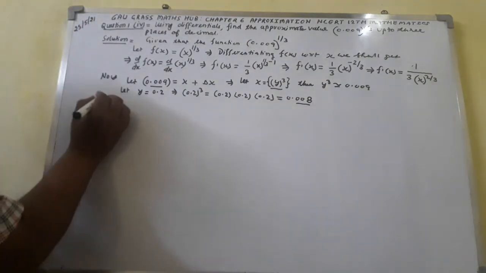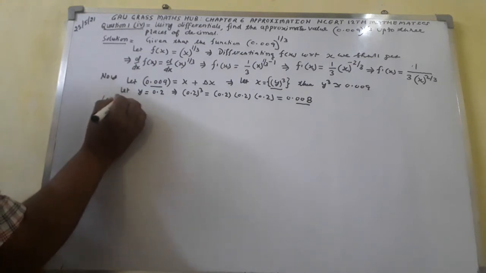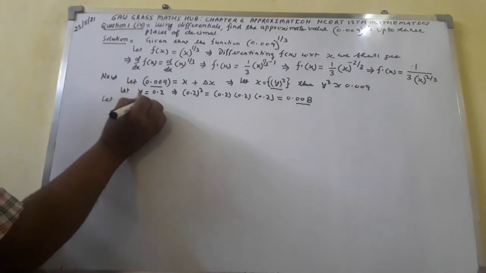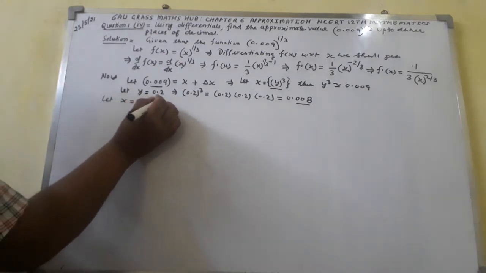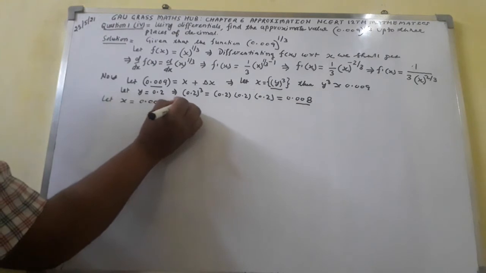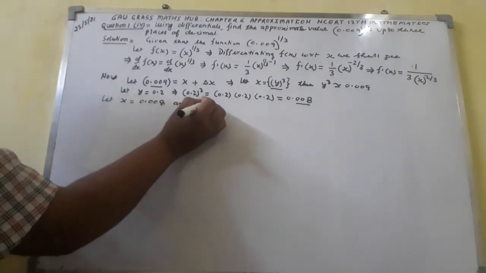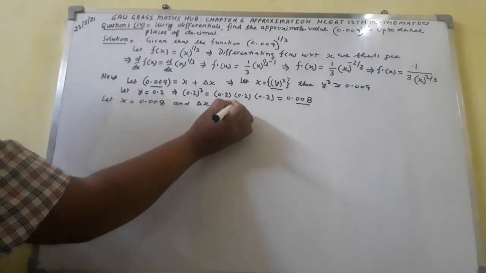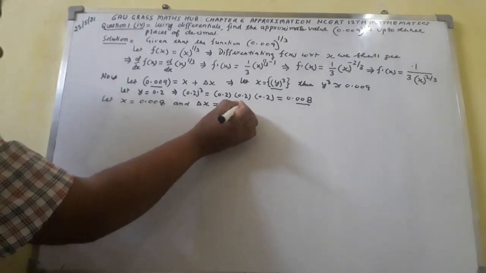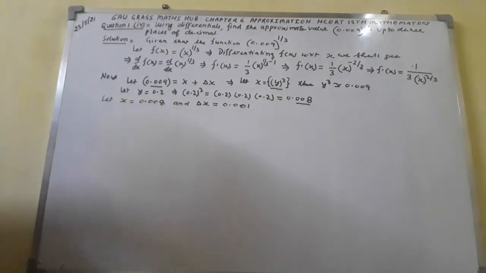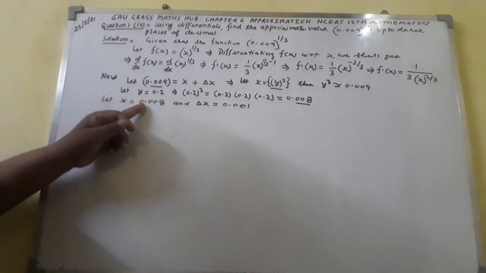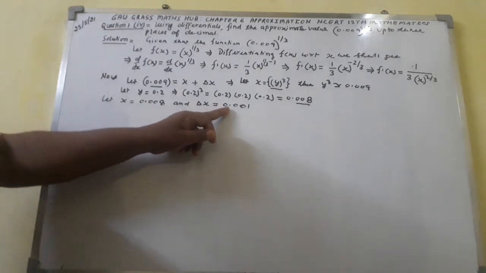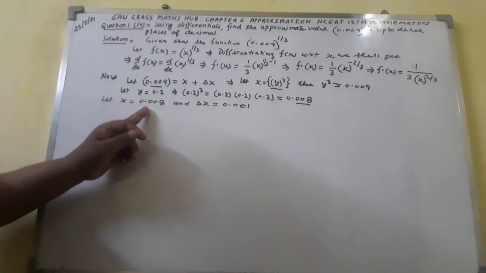Here again I shall write, let x equal to 0.008 and delta x equal to 0.001. Let x equal to 0.008 and delta x equal to 0.001. Both will be added together.